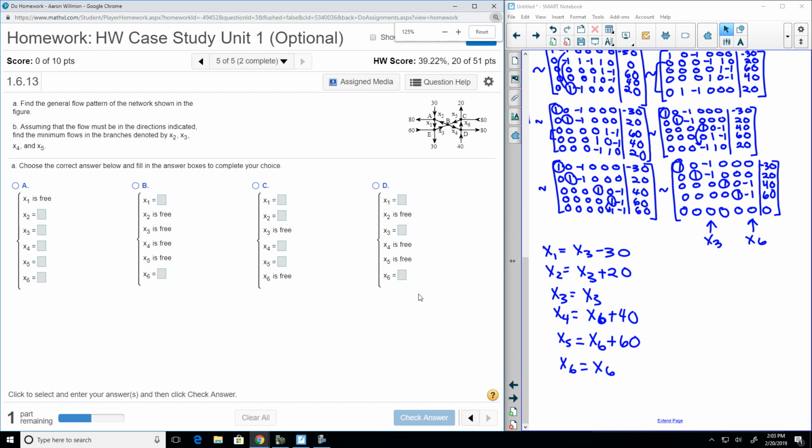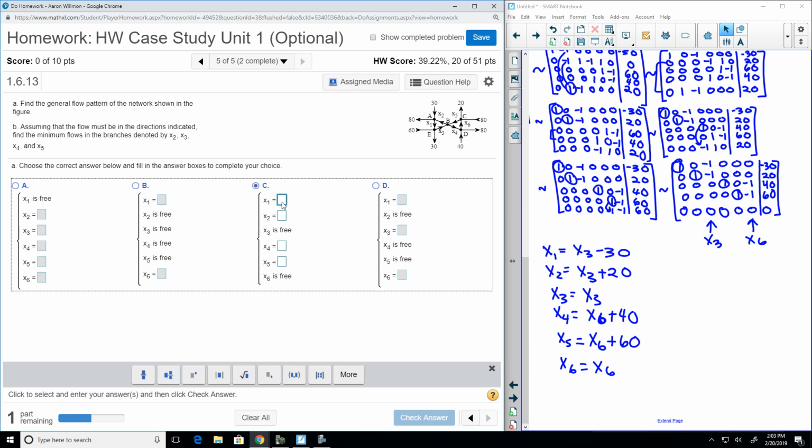So your first thing is you have to pick the right format, right? So which one is the right one? C, right? C's got the right free variables. So pick C. X1 is X subscript 3 minus 30.